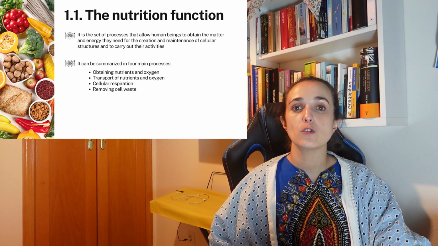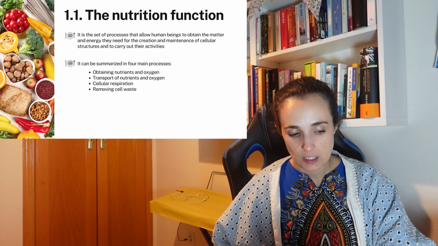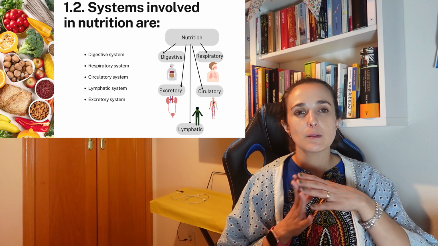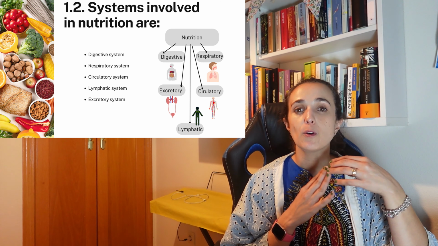So as we said in the previous unit, there are some systems that are involved in these processes. Actually, it's 5 main systems for the nutrition function, which are, of course, the digestive system to absorb all the nutrients from food. Then we have the respiratory system for taking the oxygen in and then out the carbon dioxide.